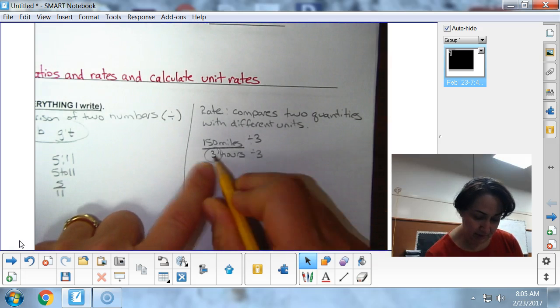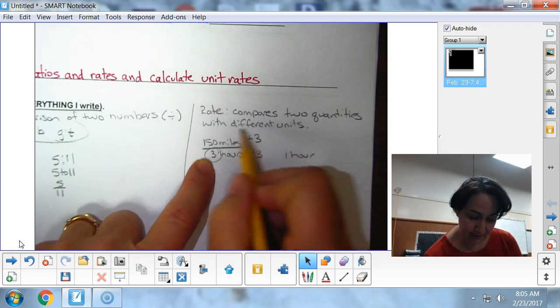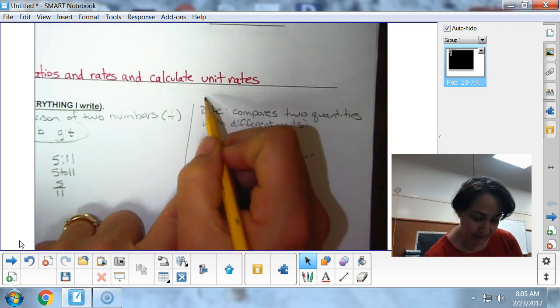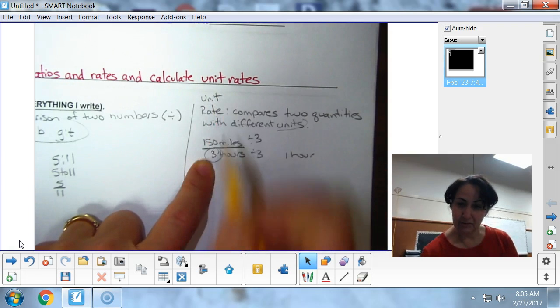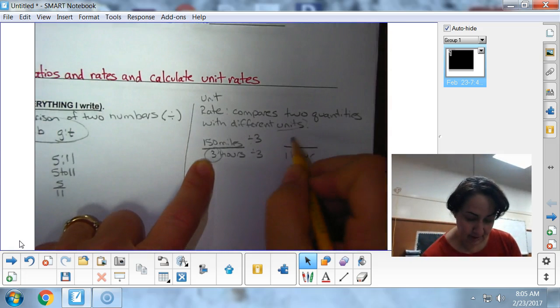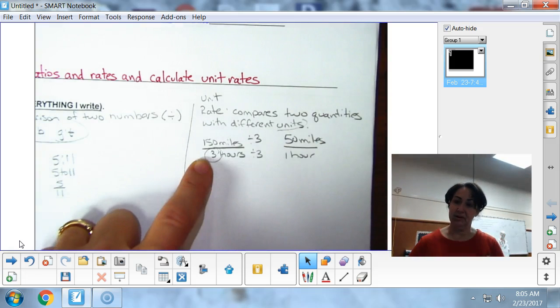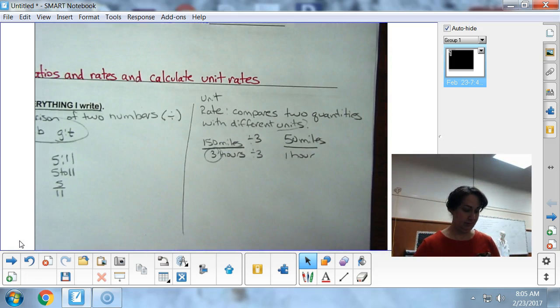Okay, so we would get 1 hour on the bottom, which when we talk about unit rate, should have wrote unit there, we're talking about 1. So 1 hour is 50 miles. So 50 miles for each hour is what that turns into. Okay, so you're dividing by whatever number you have in the denominator.